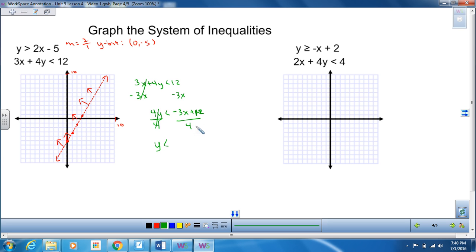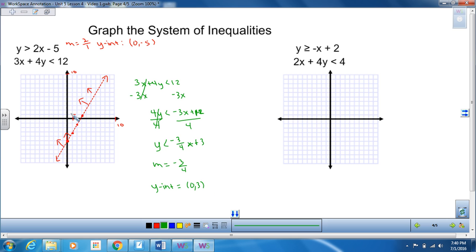Keep your slope, keep reduced fractions, so negative 3/4 x. And 12 divided by 4 is 3. So my slope is negative 3/4, and my y-intercept is 0, 3.